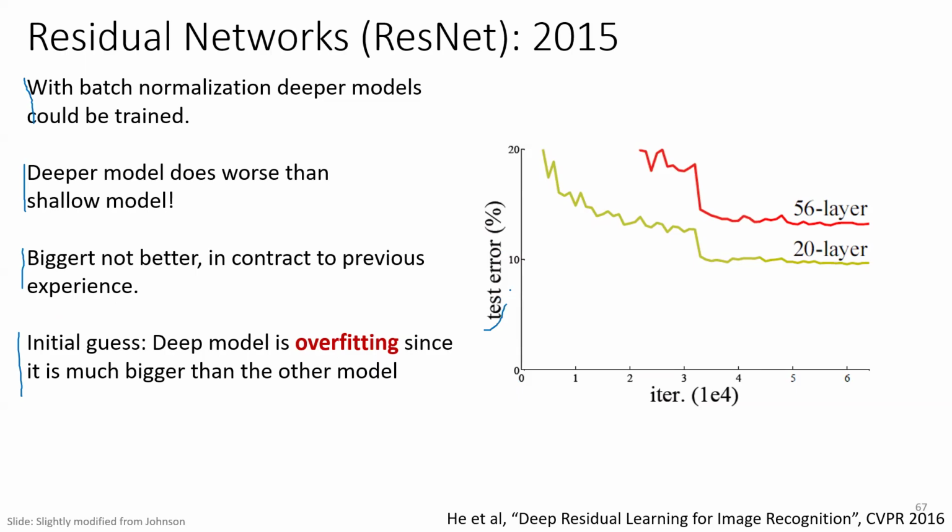This is a test error, okay? Test error means on totally unseen data, like we did today in the morning, the 10,000 test set images. As the iterations progress, the 56 layer network is having more error than the 20 layer one. That is the test error.